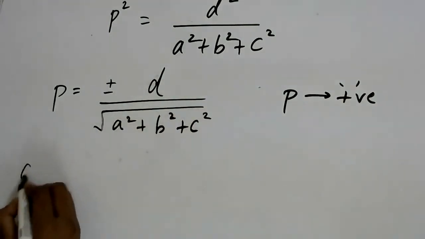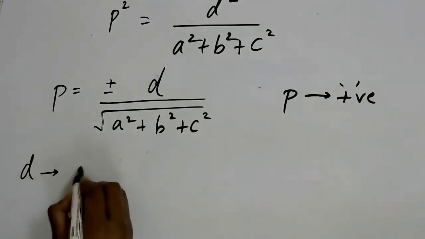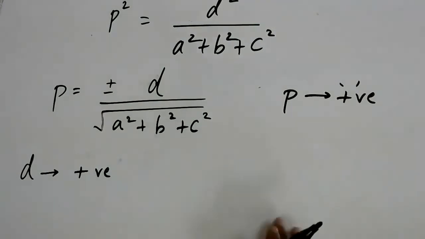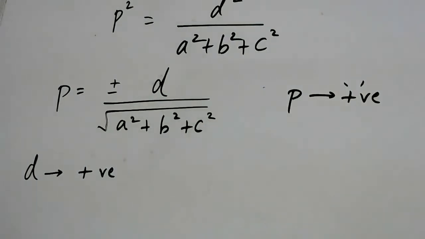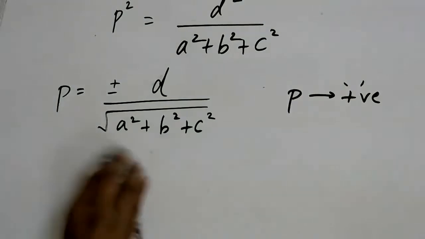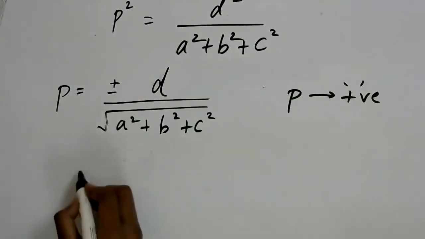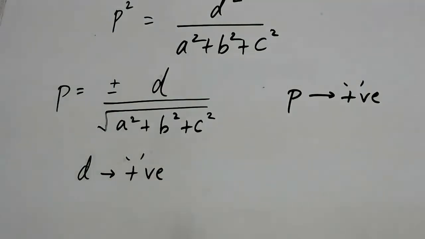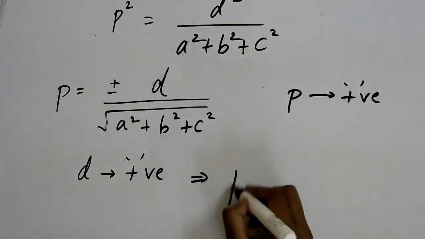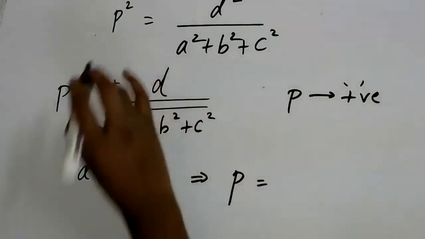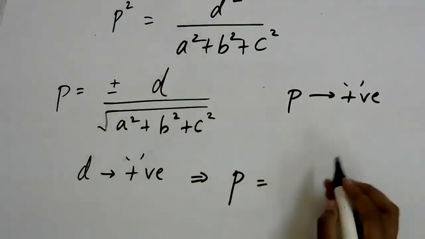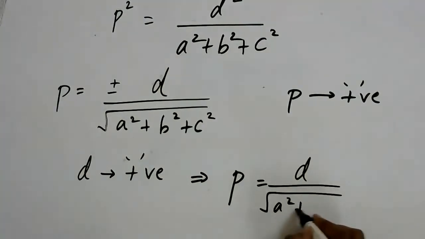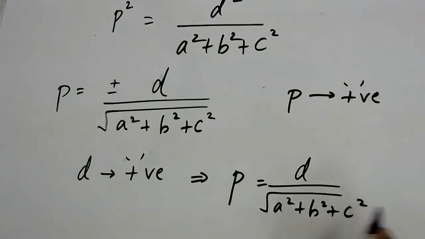Whenever d is positive, we choose the positive sign, so that our right hand side remains positive. So we have p equal to d by root of a square plus b square plus c square.